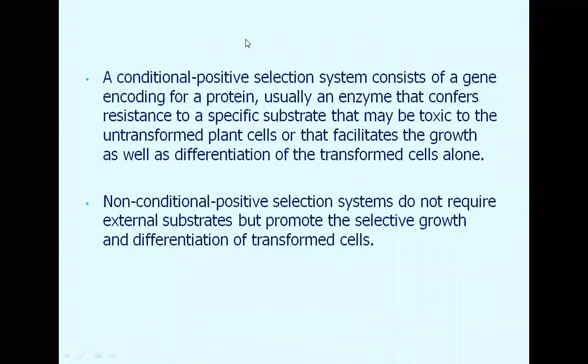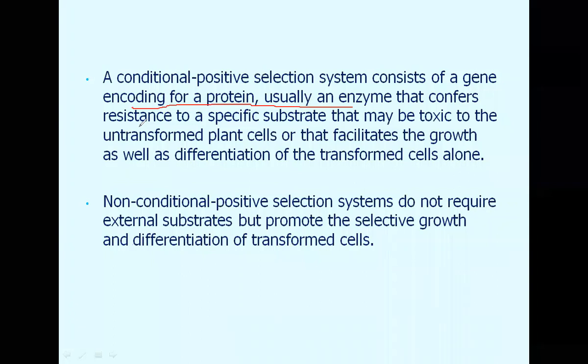A conditional positive selection system consists of a gene which usually codes for a protein, usually an enzyme. This enzyme converts a substrate into a product. That substrate otherwise may be toxic to the cell.